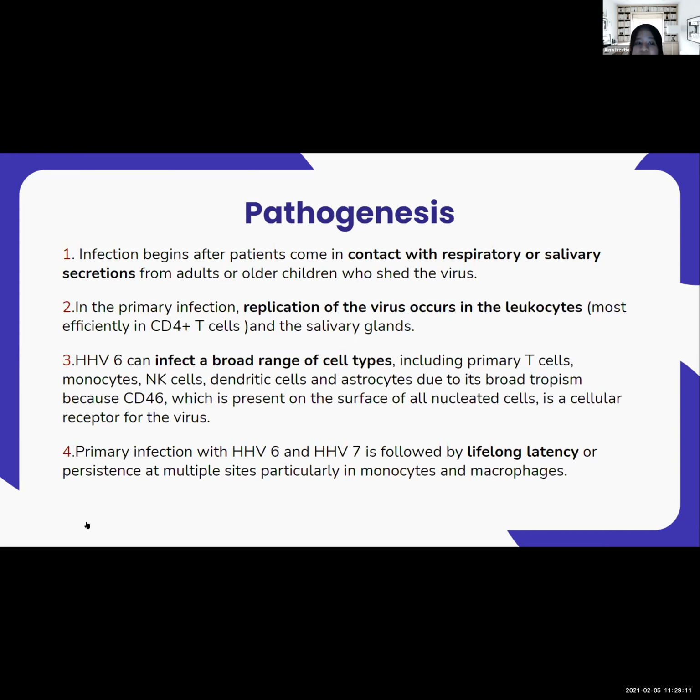HHV-6 can infect a broad range of cell types, including primary T cells, monocytes, NK cells, and also astrocytes, because one of its cellular receptors is CD46, and CD46 is present on the surface of all nucleated cells. And primary infection with these two viruses can also induce lifelong latency and persistence at multiple sites, but particularly in monocytes and macrophages.